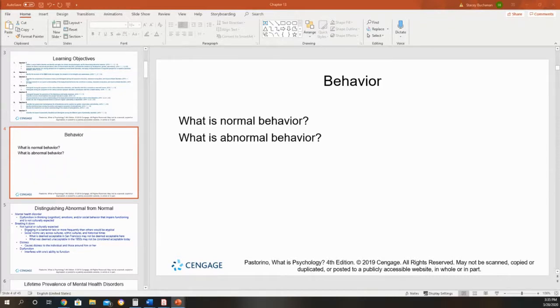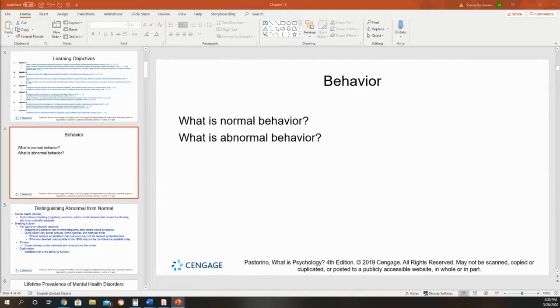If it doesn't, which it's okay if it doesn't, what else do you think you might need to incorporate into those definitions? Does it account for the distress that the behavior causes to themselves or others? If not, what else do you think you might need to incorporate? What else might you need to incorporate?